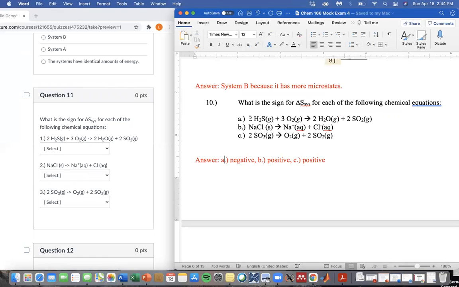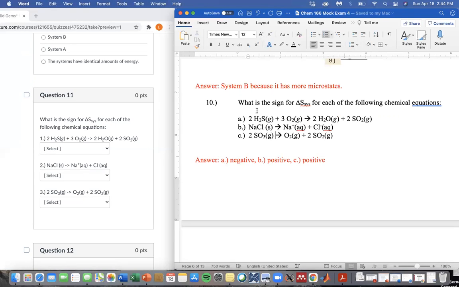You have to consider the phase of the particles and how they change, because you want them to be in a phase that has more chaos and more movement, as opposed to being in a solid state, for example.